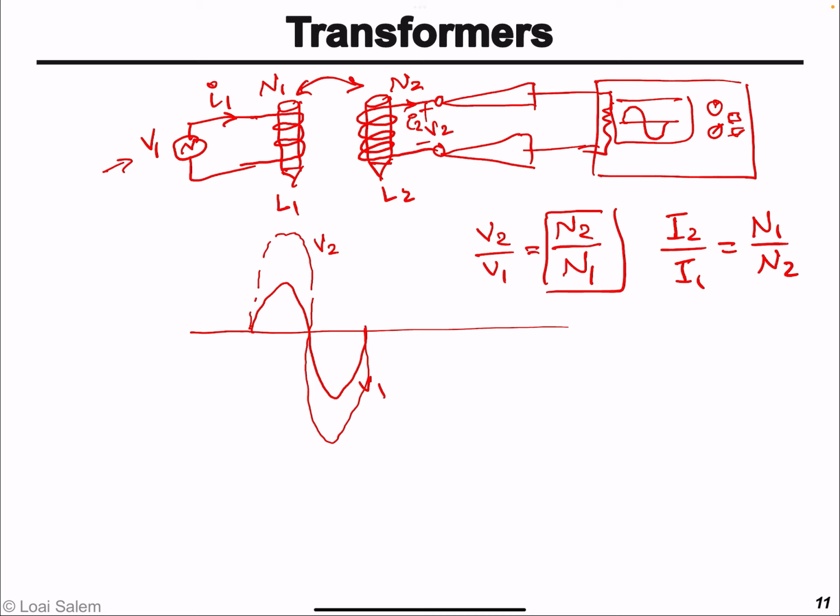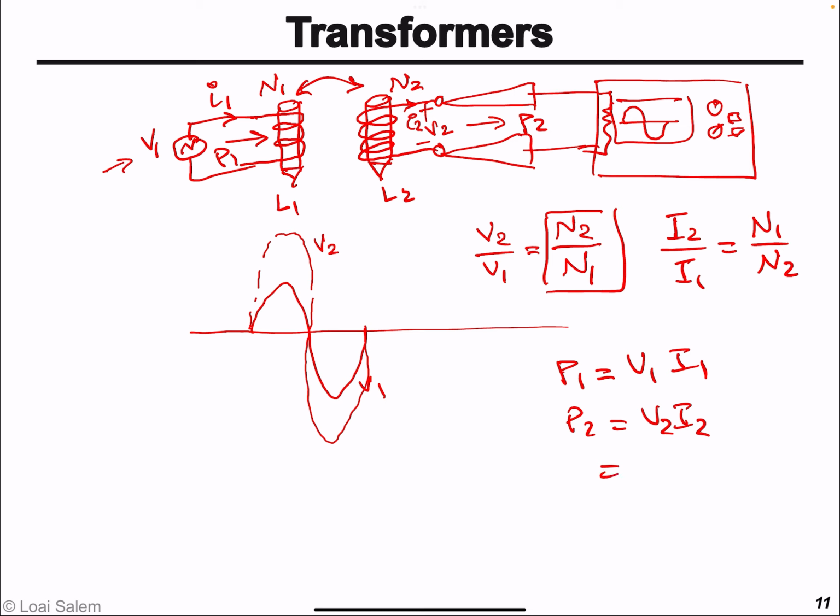And so if we calculate the power going here, P2, and the power taken here, P1, P1 will be equal to V1 times I1, while P2 will equal V2 times I2.